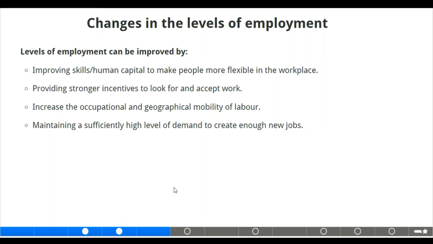Providing stronger incentives to look for and accept work. And increasing the occupational and geographical mobility of labor. Also, maintaining a sufficiently high level of demand and creating enough new jobs. Now we move to the next slide.